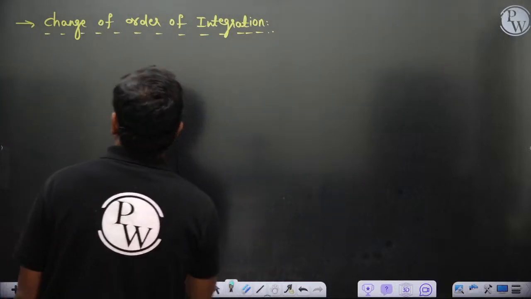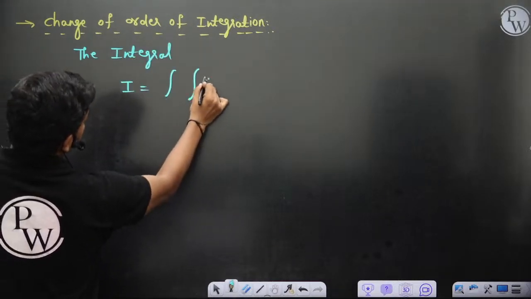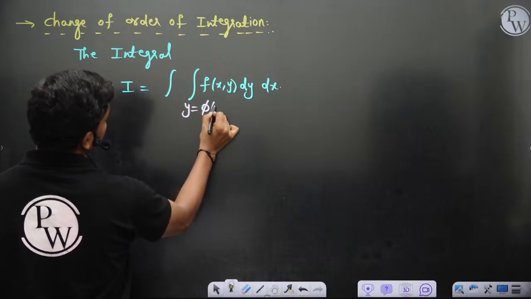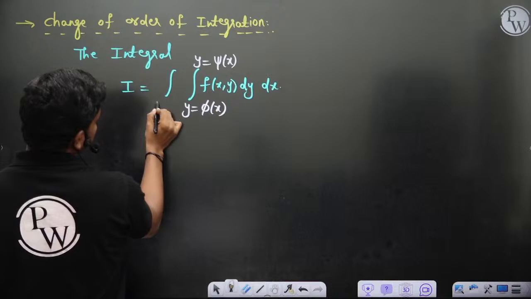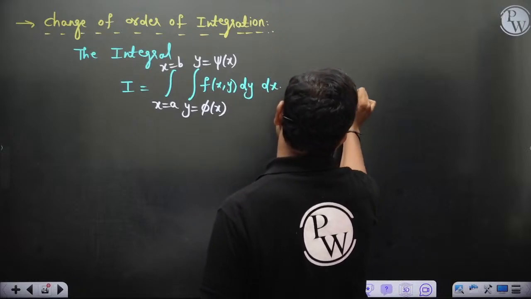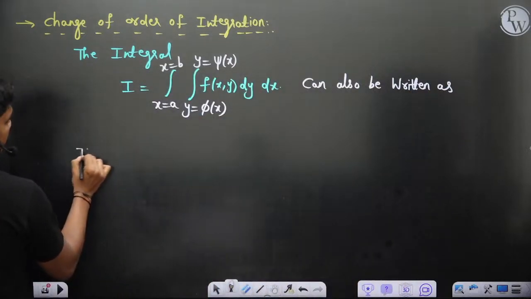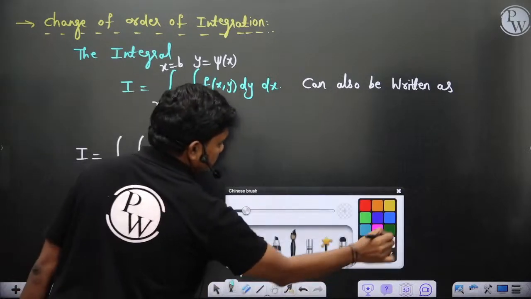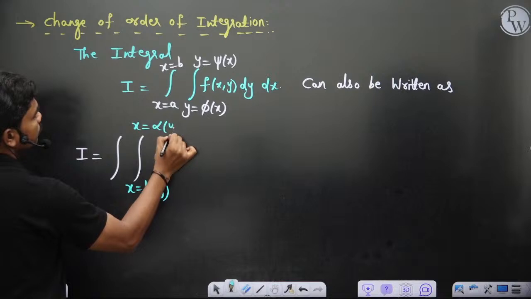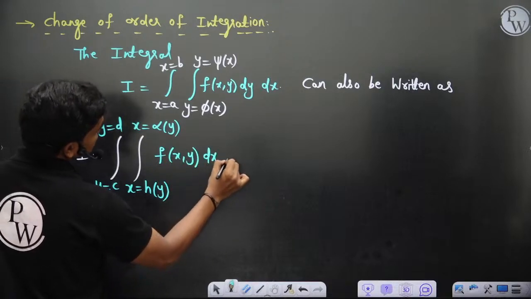So when you have this domain, okay, so the integral I is equal to integral f of x comma y dy dx, where y is changing from phi of x to, let's say, psi of x, and x is changing from a to b, can also be written as I is equal to integral x is equal to some function, say h of y, comma x is equal to say some other function alpha of y, y is equal to c to y is equal to d, the same function f of x comma y dx dy actually here.